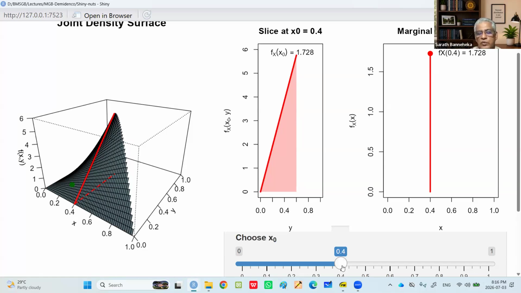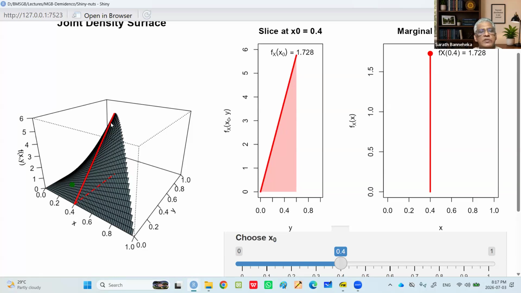right? So like that. Let me change this value where I'm considering this x value. And you will see that this area is changing, and therefore this height is changing, right? So I'm moving this line in this direction.